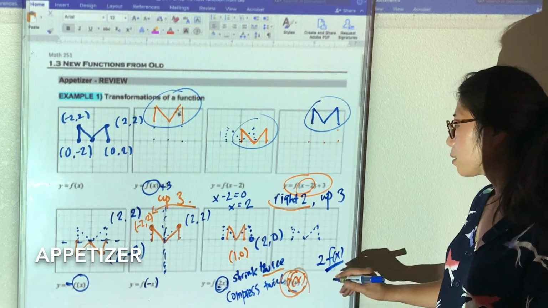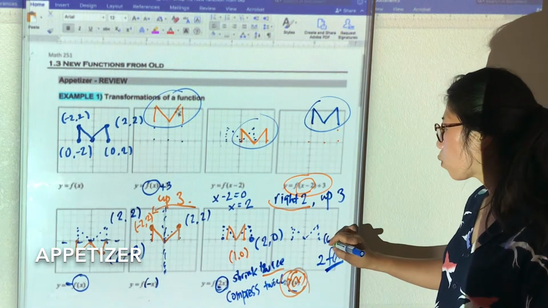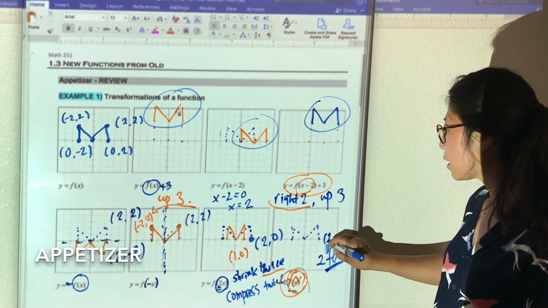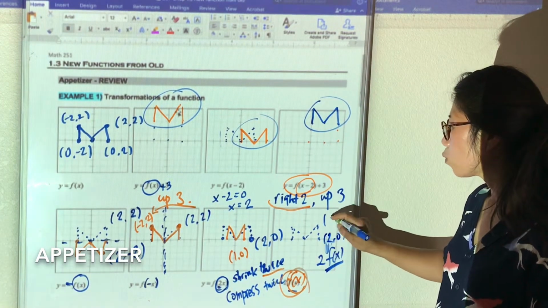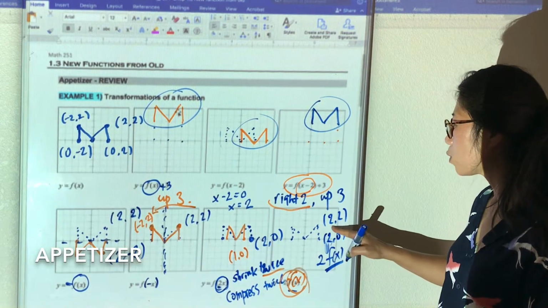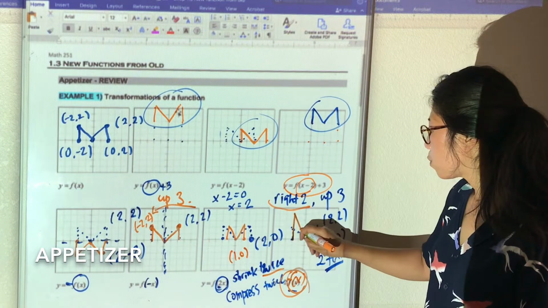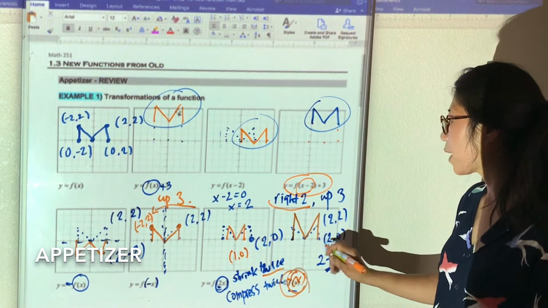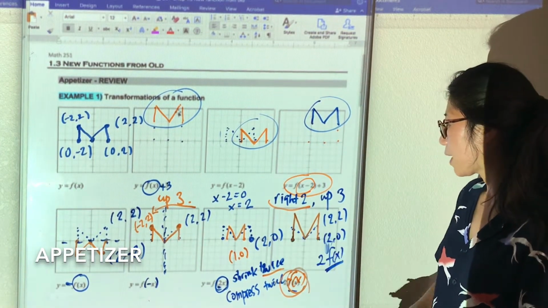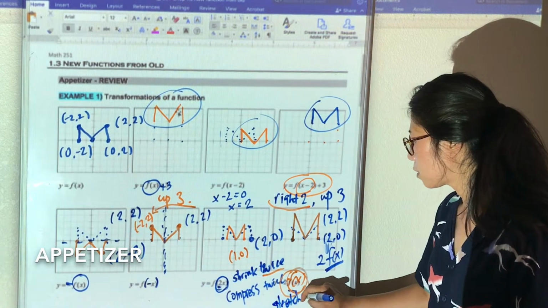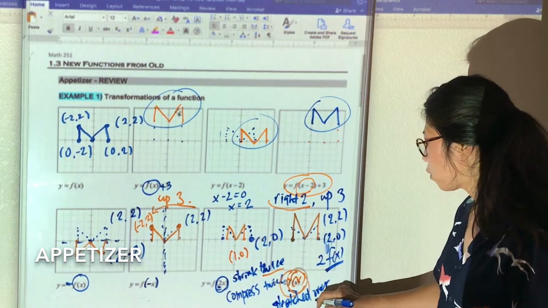They are basically saying all the y coordinates, make sure that you double them. So this coordinate 2, 2 becomes 2, 4. Then my graph is going to be stretched twice over the y-axis. So this is a stretch over the y-axis.